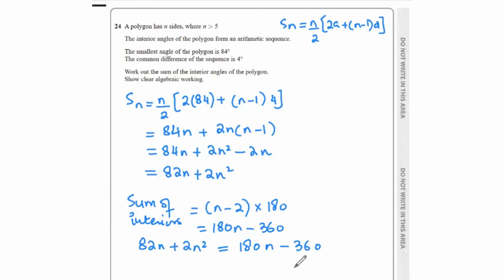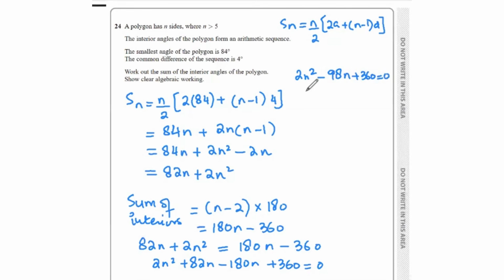So when you put them equal to each other, what we get is a quadratic equation, which is 2n squared plus 82n minus 180n plus 360 equals 0. So that's going to be 2n squared minus 98n plus 360 equals 0.